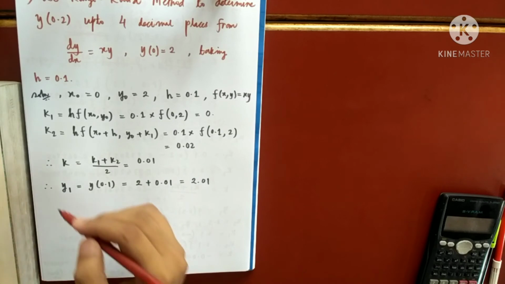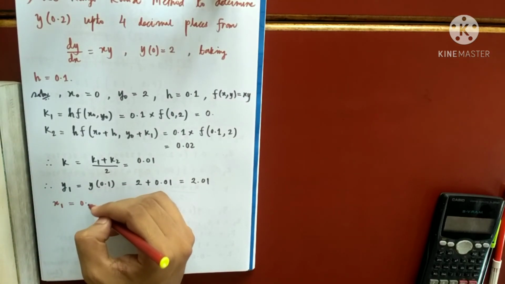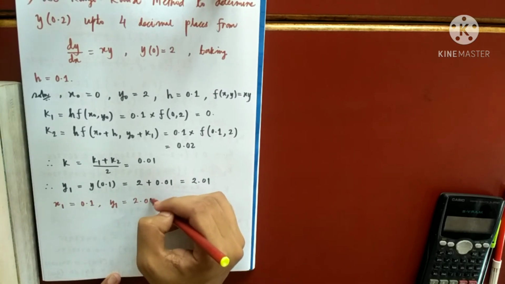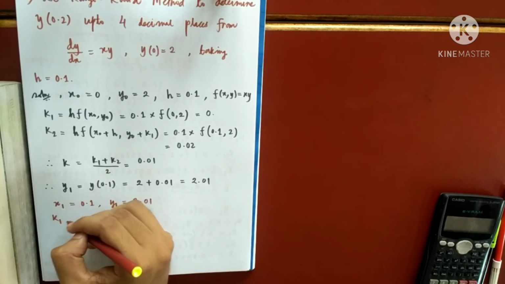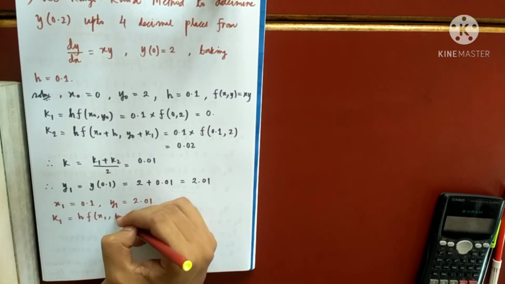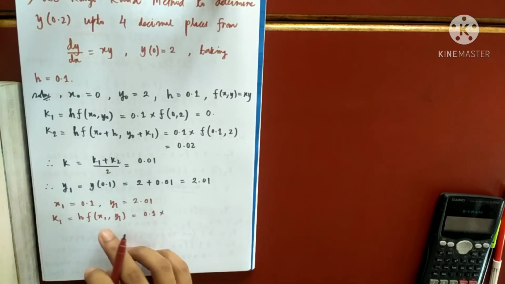Let's go for the second iteration. x1 equals 0.1 and y1 equals 2.01. So let's compute this time again k1. So k1 is h times f of x1 comma y1. h is 0.1 cross the function x1 into y1.